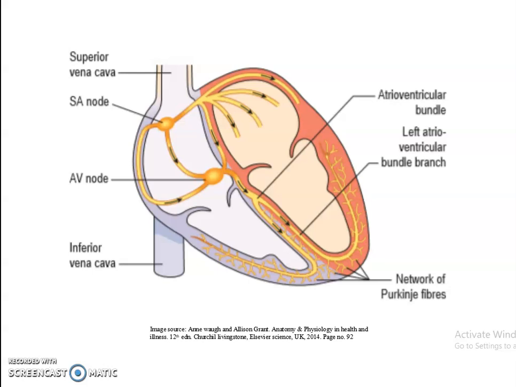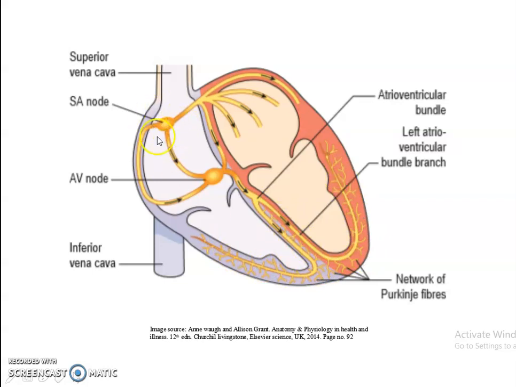Where it is generated, and how the impulse is conducted through the structures, that is called the conduction system of the heart. That mainly includes the sinoatrial node, atrioventricular node, left and right bundle, as well as the Purkinje fibers.